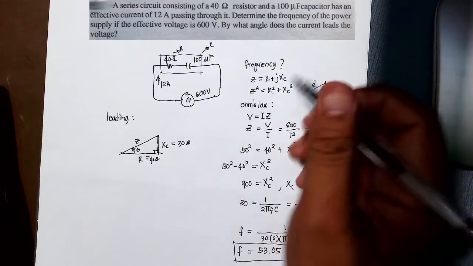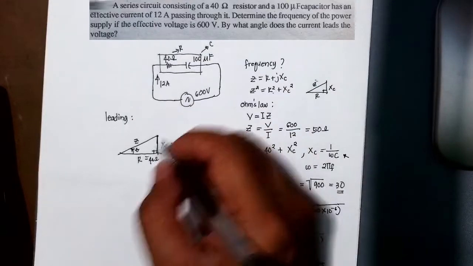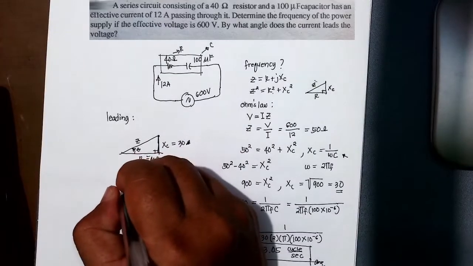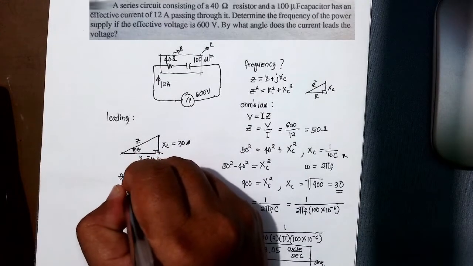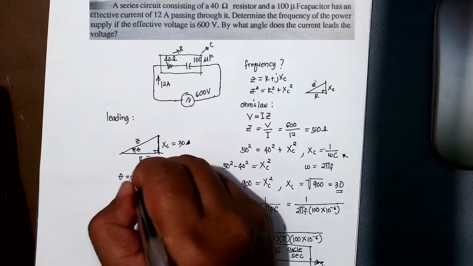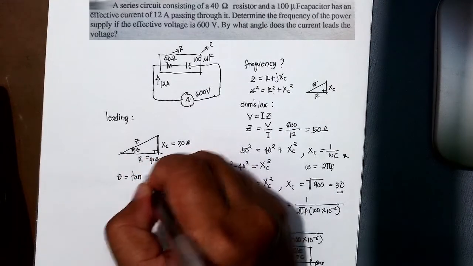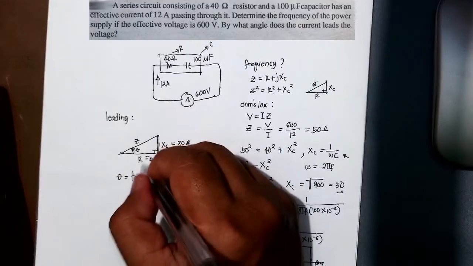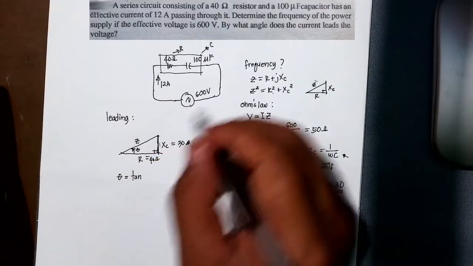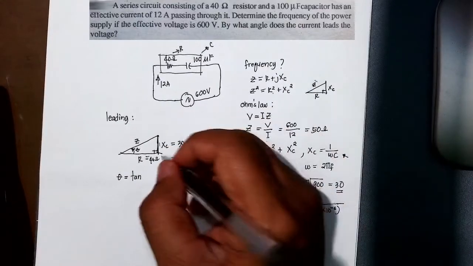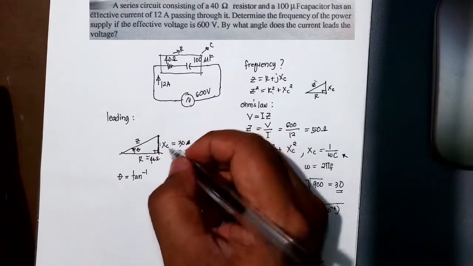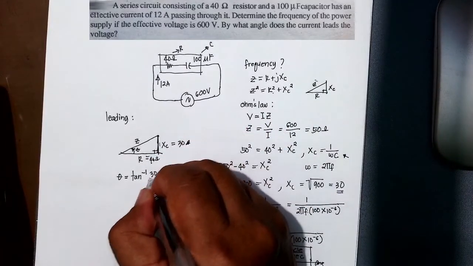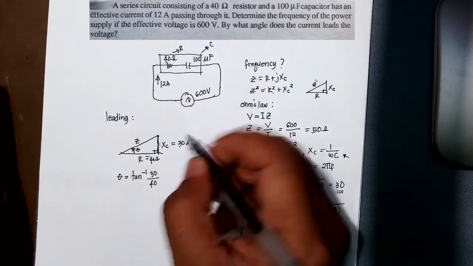So by taking the tangent, we can solve for theta. So the inverse tangent of the opposite over the adjacent, because tangent is opposite over adjacent. So the inverse of that is the angle. So that will be 30 divided by 40.